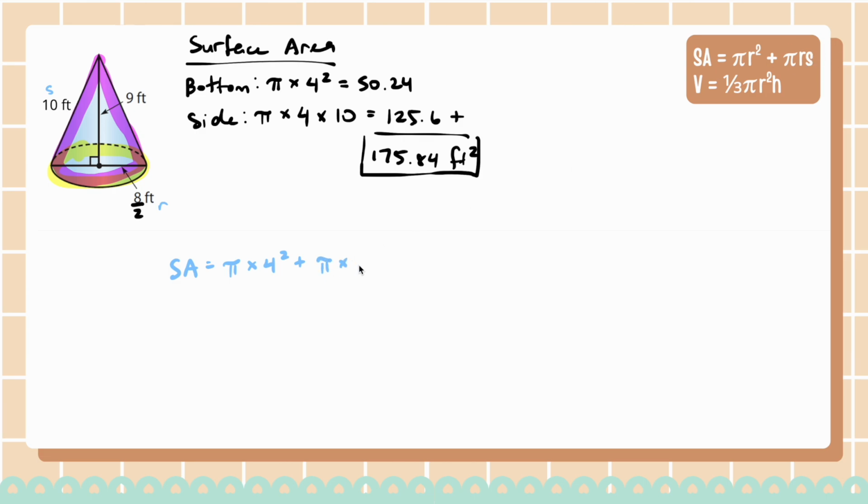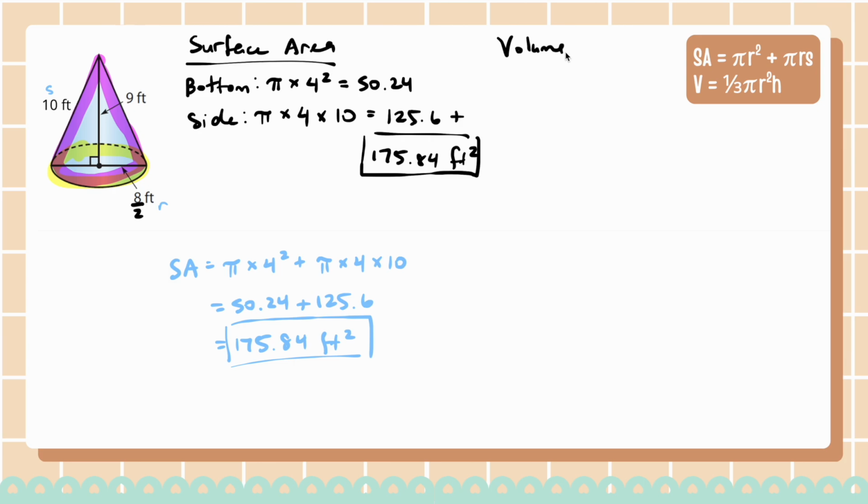So pi times r, which is 4, times s, which is 10. To simplify this, it ends up getting me the same exact thing. So this is going to be 50.24 if I multiply these two. We're going to add that to 125.6 if I multiply these. And then again, I end up with 175.84 feet squared as my surface area.